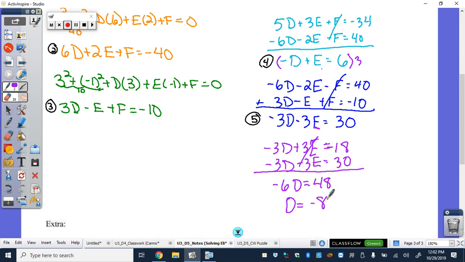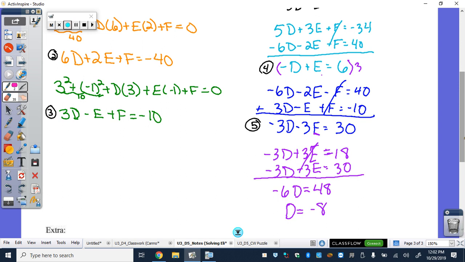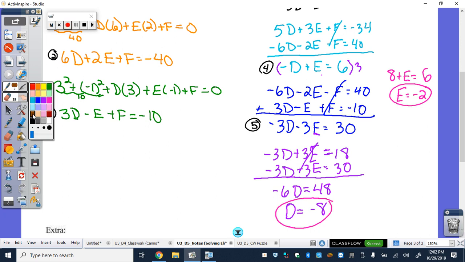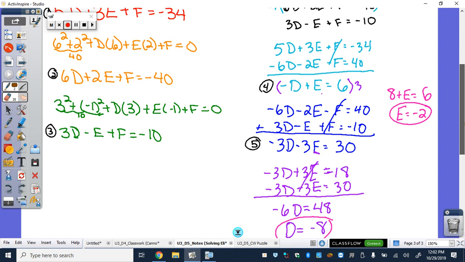Now I gotta find my d and my f. So I'll probably use equation 4 because that one's a little bit easier. So if I plug my negative 8 in here, that gives me positive 8 plus e equals a 6. So subtract my 8 over and e equals negative 2. Then we got one more. Let's see here, which equation is probably going to be easier?